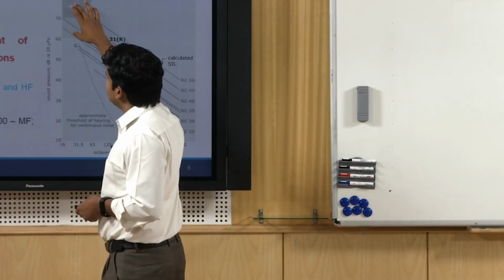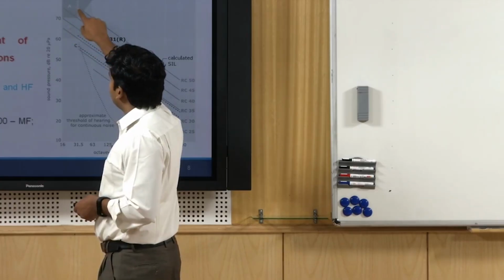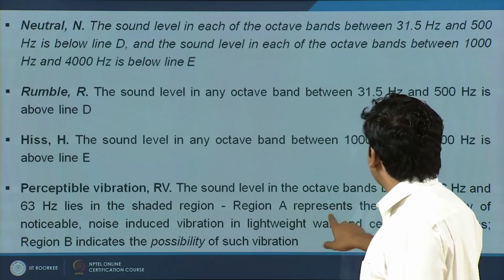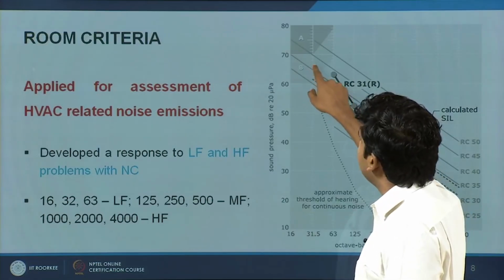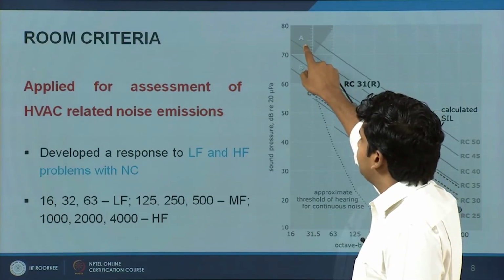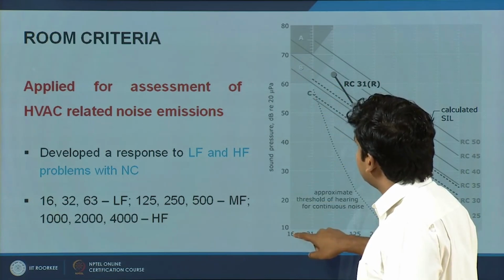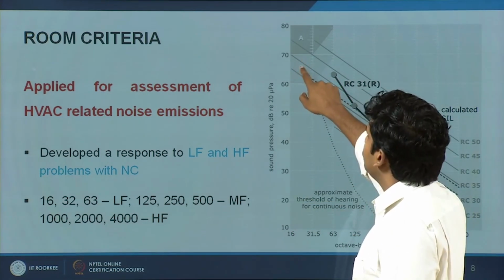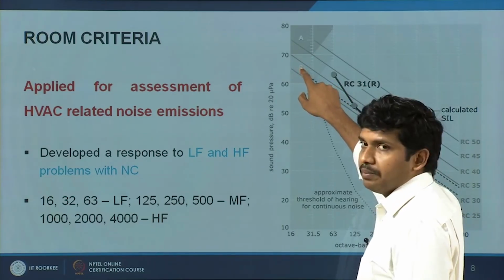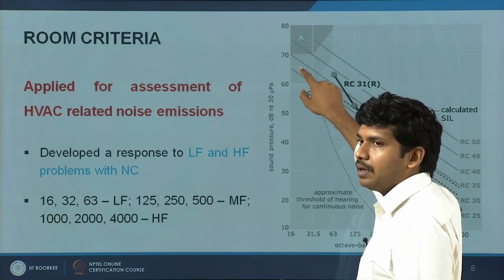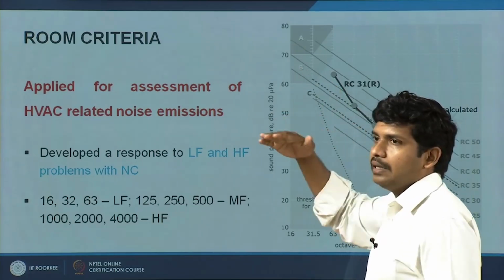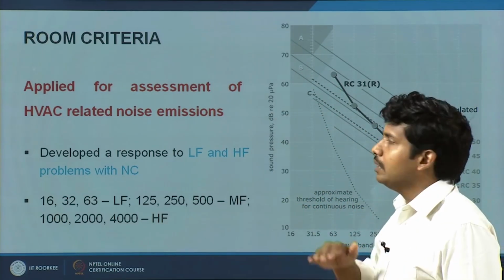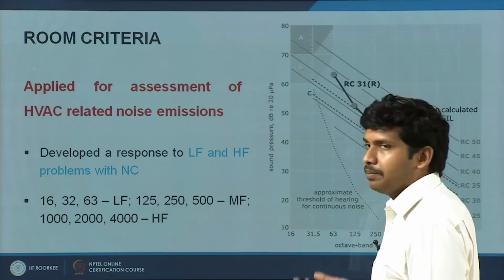There are two zones defined here, zone B and zone A. Zone B is the region where there is probable vibration. Say, for example, at 16 hertz your spectrum analyzer shows a sound pressure level of say 65 dB. It means there is a probability of vibration, or at least the ducts or machinery of the HVAC system are going to cause a probable vibration.